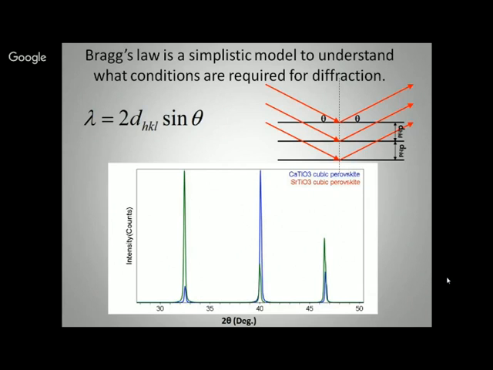The distance between the two planes is small d, known as the interplanar distance. The red lines are the X-rays that get diffracted through these planes inside some material. So Bragg's law says lambda equals 2d sine theta, where theta is the angle the X-rays make with the planes, and d is the interplanar spacing.